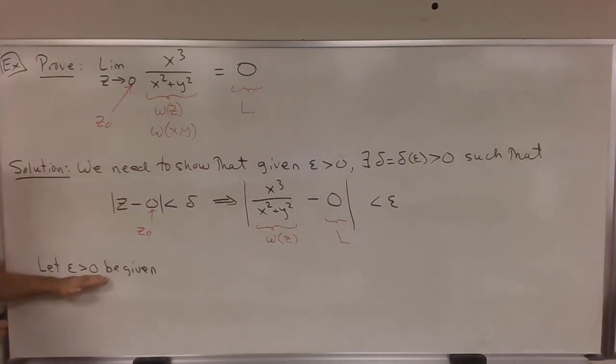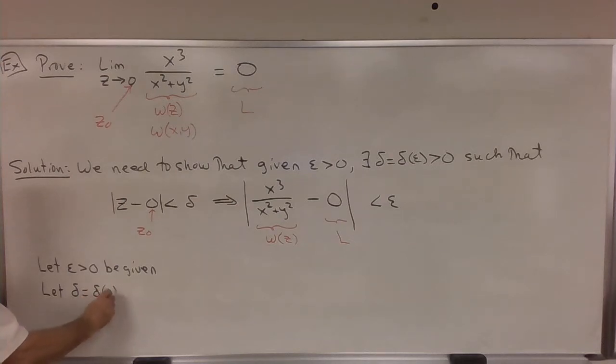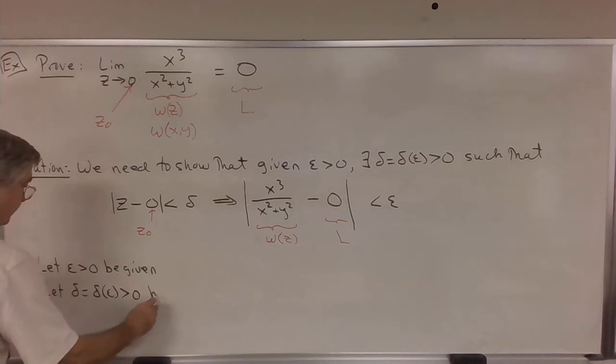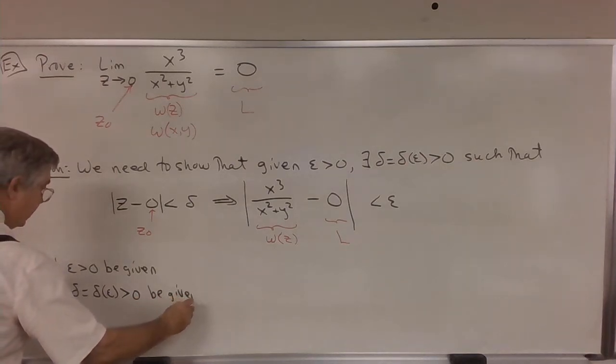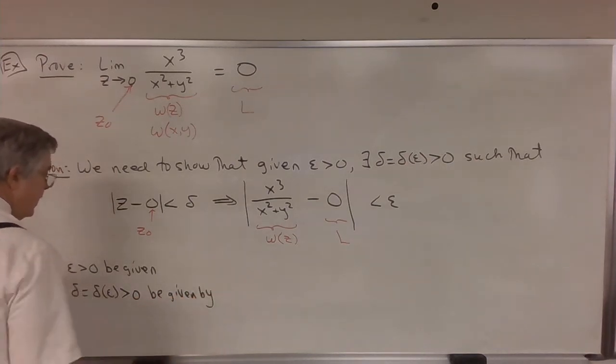So let epsilon greater than 0 be given. And let delta, a function of epsilon greater than 0, be given by, and you know what?